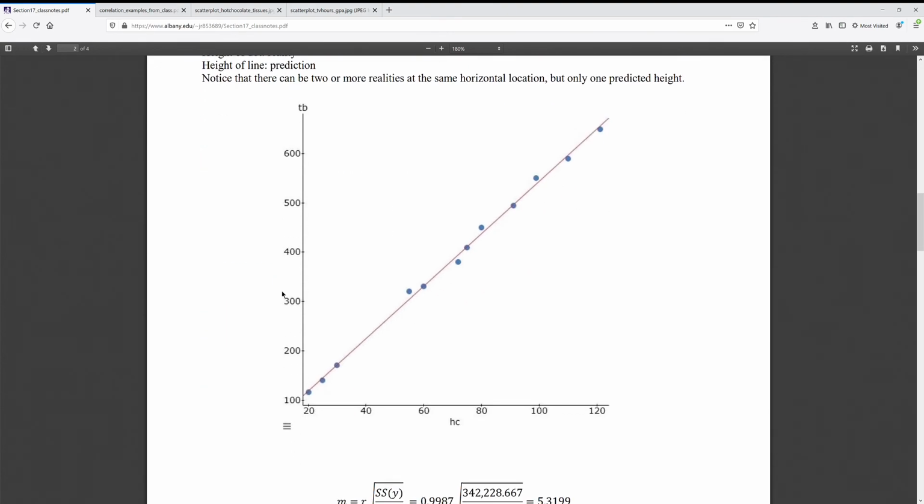To say this is the least squares regression line is to say that the sum of the squares of these vertical distances between dot and line is smaller than it would be for any other line. And a little less formally, for these horizontal locations where we happen to have dots, this line is predicting better than any other line would do.